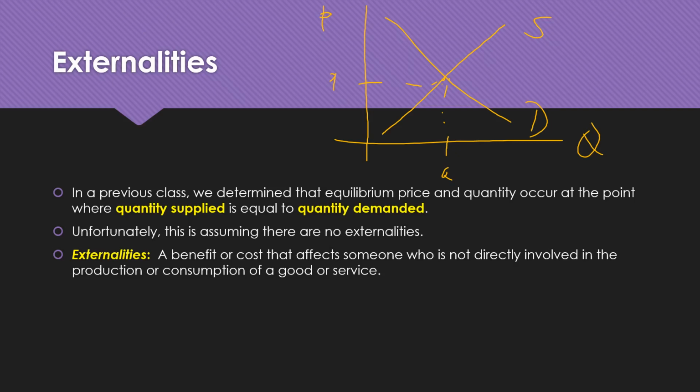And so if that's the case, then this equilibrium that we've established before is actually inaccurate. That is still our market equilibrium because the firm and the consumer are not incorporating those benefits and costs that may be external to them. But it's not the efficient equilibrium.